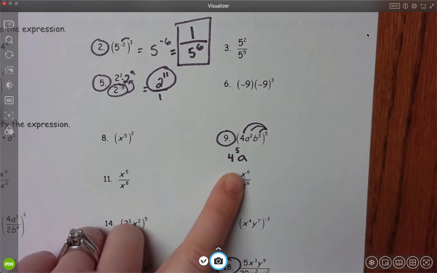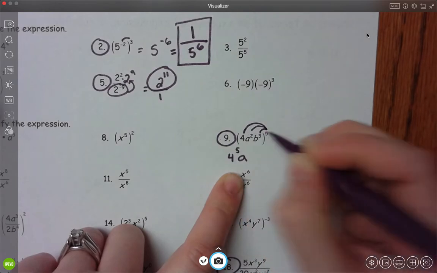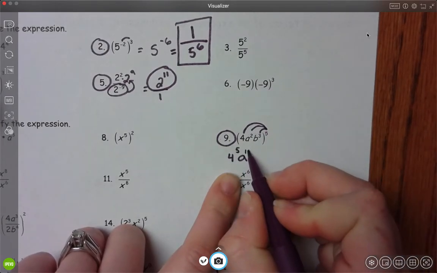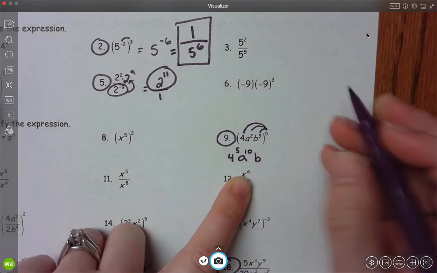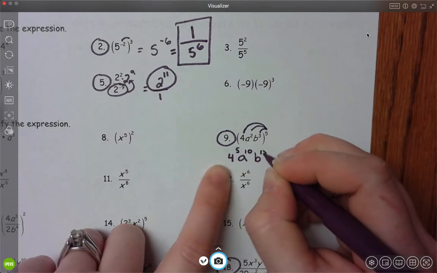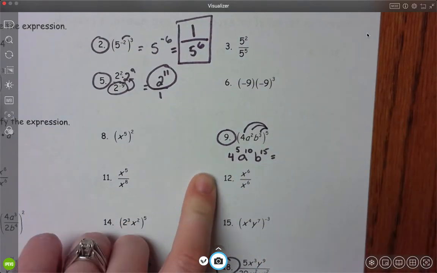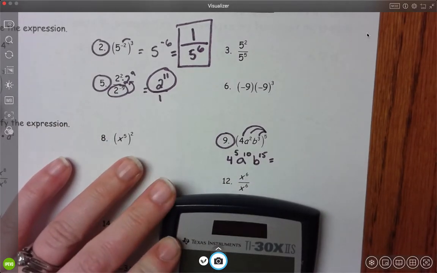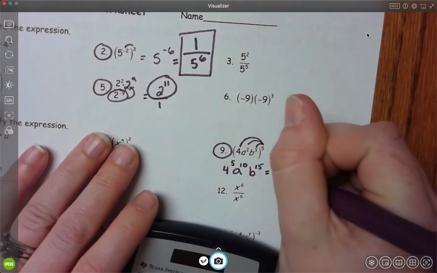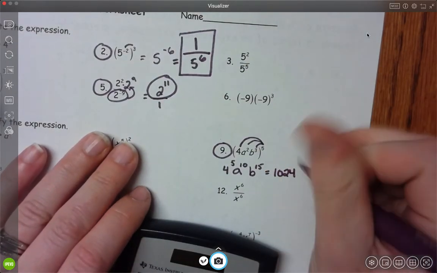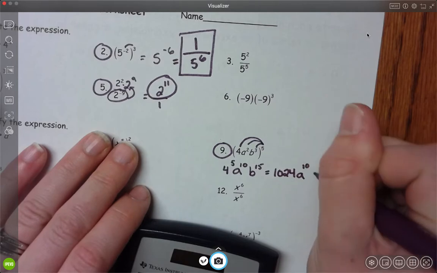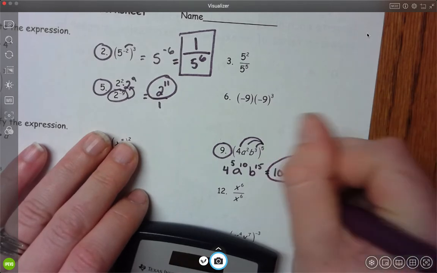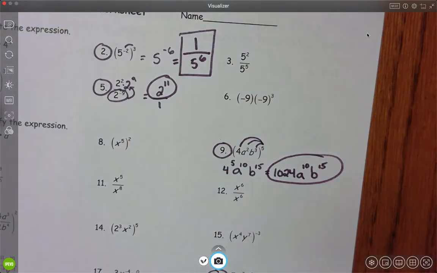I'm going to be multiplying those, so it will need to be 10, and this will be b to the 15th power, okay? And then let's go ahead and figure out what 4 to the 5th power is. 4 times 4 times 4 times 4 times 4, 5 times, 4 to the 5th power. Huge number, 1024. That's not that big of a number, I guess. A to the 10th, b to the 15th. That's what it will look like, all completely done, okay?